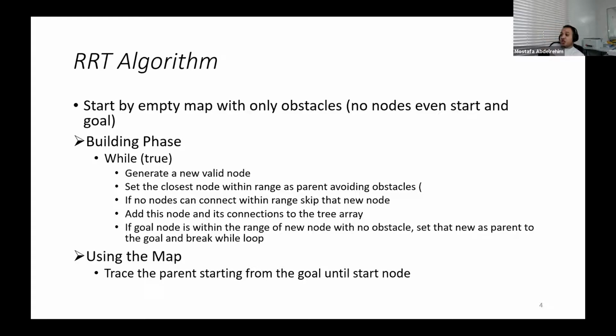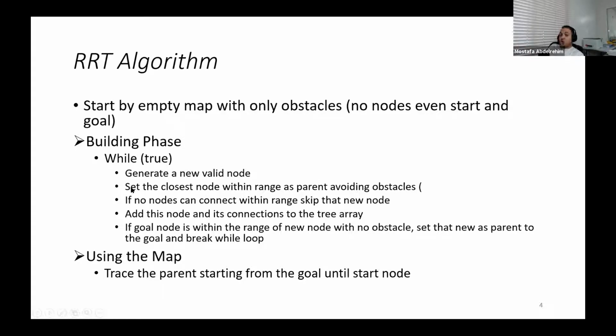Okay, so we generate a new valid node, and by a valid node I mean a node that is not part of an obstacle, for example. So you generate some random coordinate x and random coordinate y, and this new node shouldn't be part of any obstacle, it should be in free space, or shouldn't be a previous node, for example, something new.